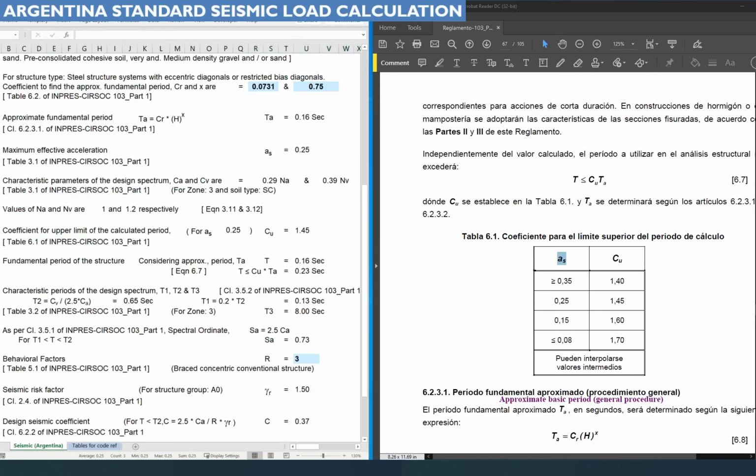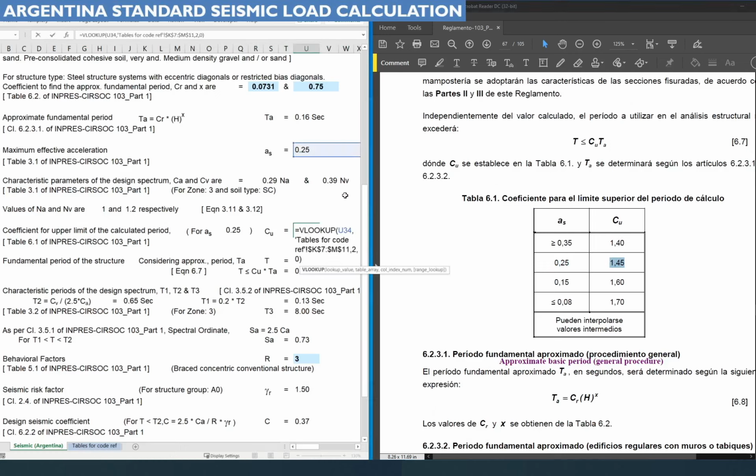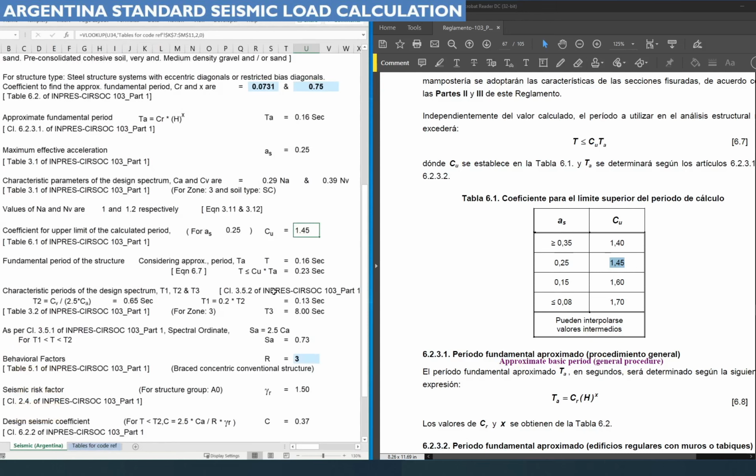So table 6.1 states that for 0.25 the value of Cu is 1.45. So the value is picked up from the table of the code reference which is kept here. So it is a 1.45 factor.